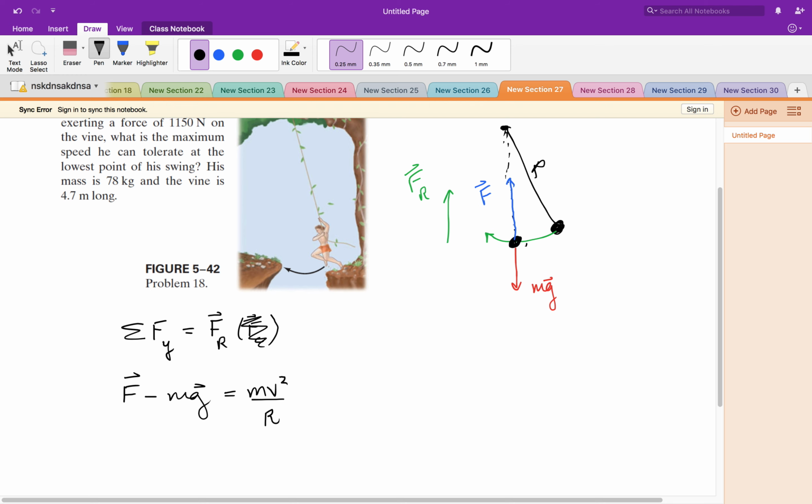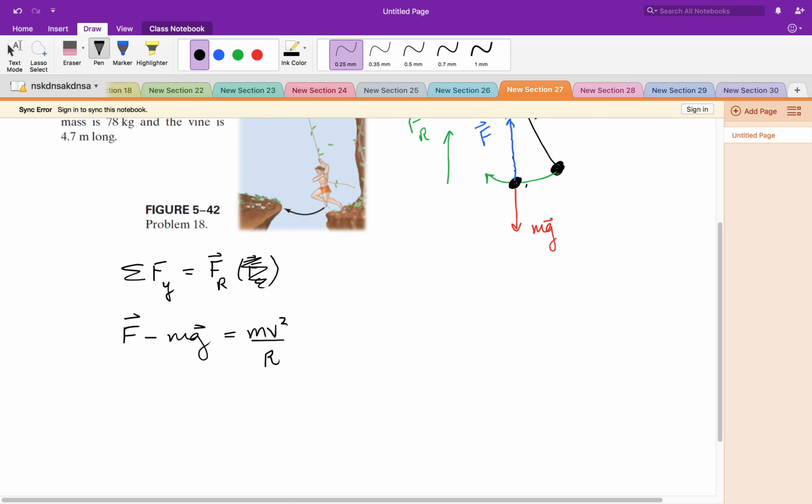And again, we're looking for v, so I'm going to do the algebra really quickly here. I would definitely encourage you to double check this on your own.